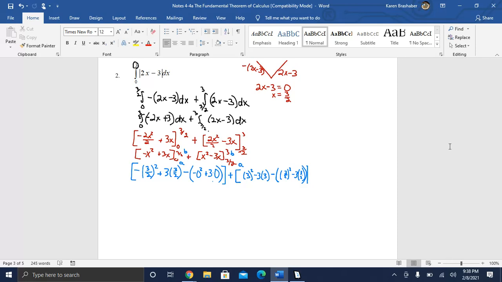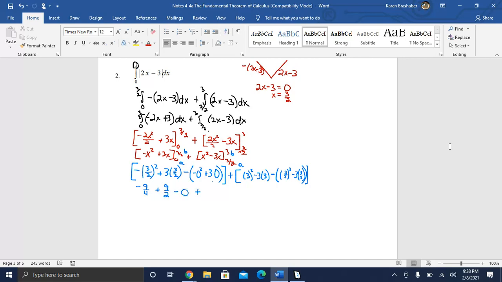So then we're just ready to simplify all of this. So we'll have negative 9/4 plus, and then we have 9/2. That next section is just going to be minus 0.